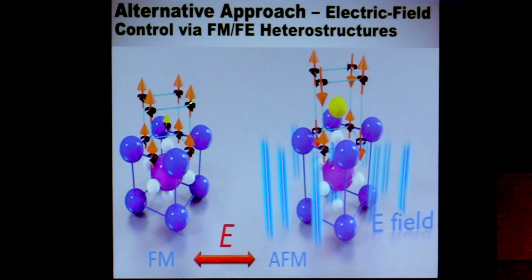So we can use this strain to modulate the magnetization or magnetic state of these thin films. The most ideal case is that we could epitaxially grow these ferromagnetic thin films onto ferroelectric oxides, because if we use the electric field to produce piezoelectric strain from the ferroelectric material, it produces biaxial compressive strain.